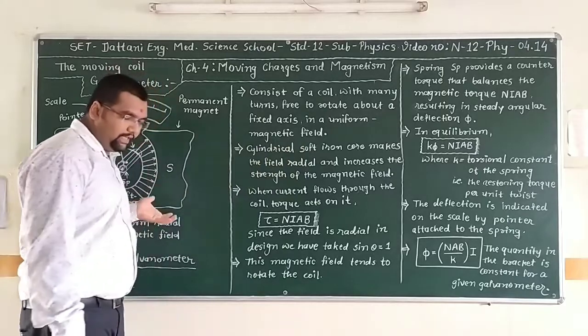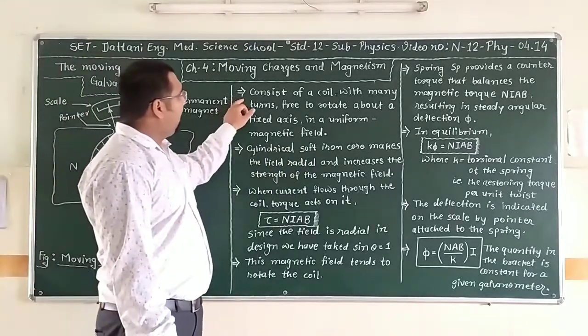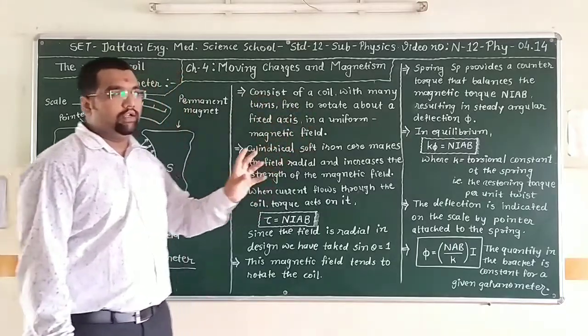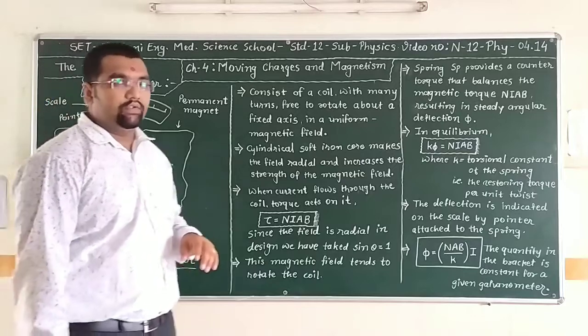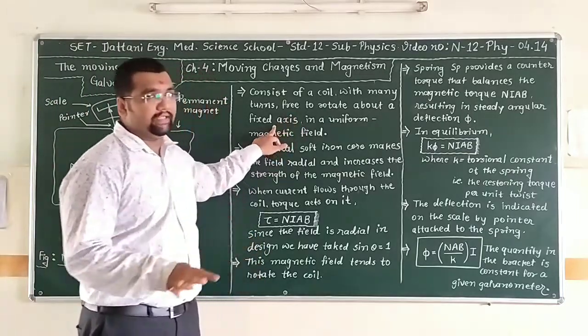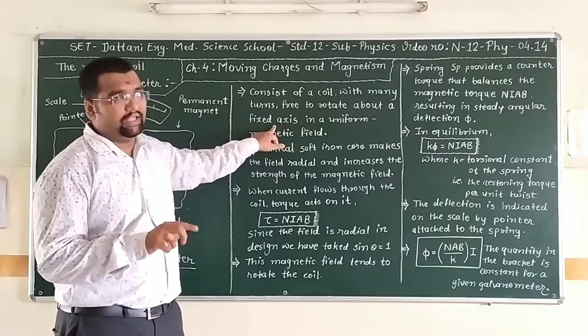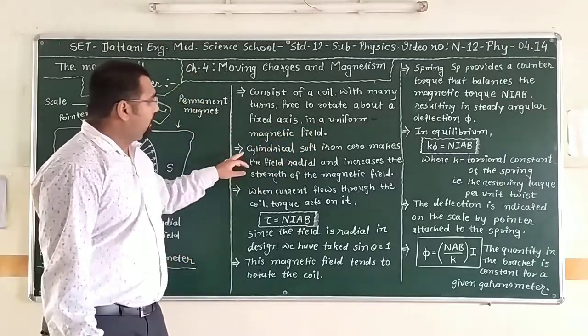This magnetic field is uniform and radial. Once again, this galvanometer consists of a coil with many turns, free to rotate about its fixed axis in a uniform magnetic field.